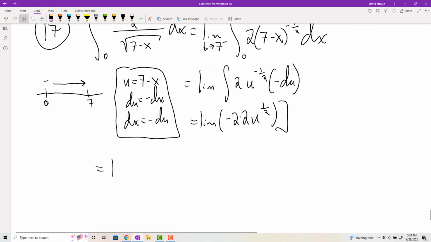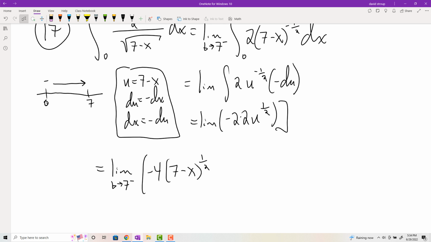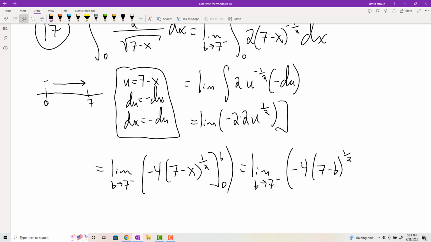So back subbing everything, I'll have limit as b goes to 7 from the left of negative 4 times 7 minus x to the 1/2. And then they want to evaluate this from 0 to b. So this will be the limit as b goes to 7 from the left of negative 4 times 7 minus b to the 1/2 minus negative 4 times 7 to the 1/2.